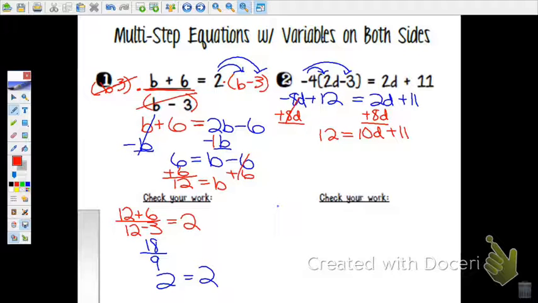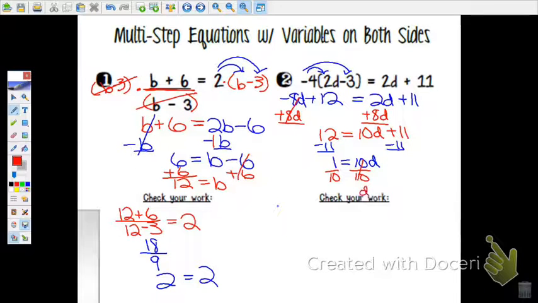I need that d by itself. So I'm going to subtract 11 from both sides. 1 equals 10d. So then I'm going to divide both sides by 10.